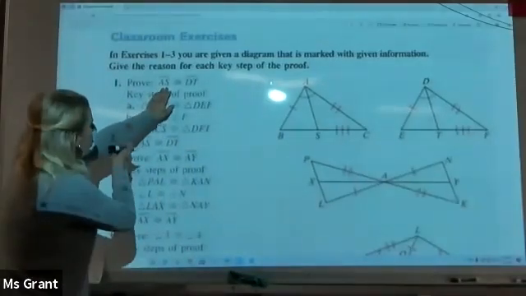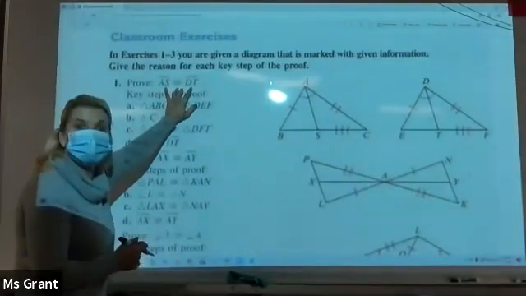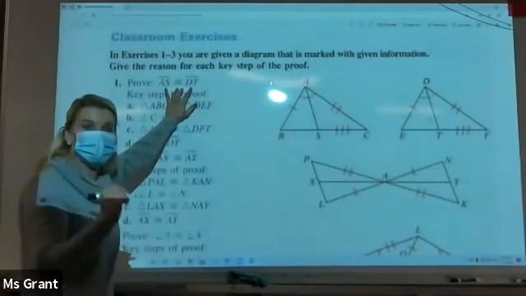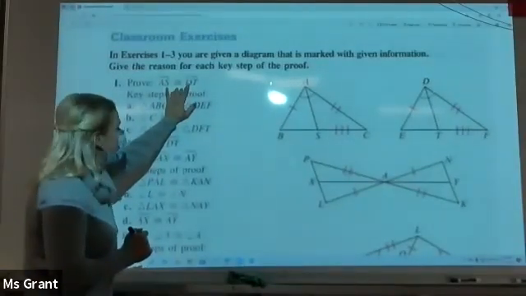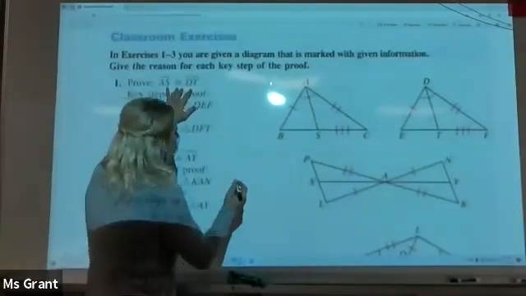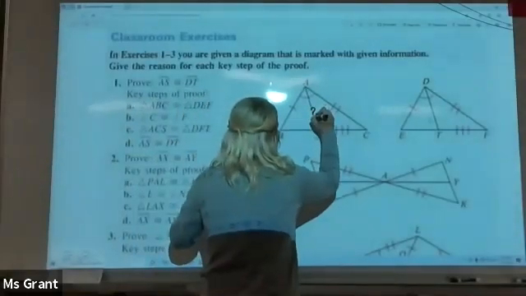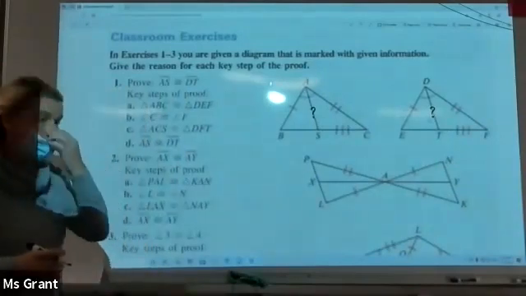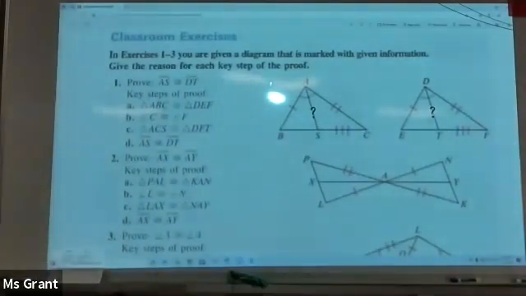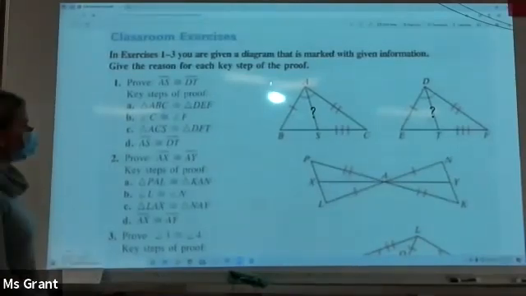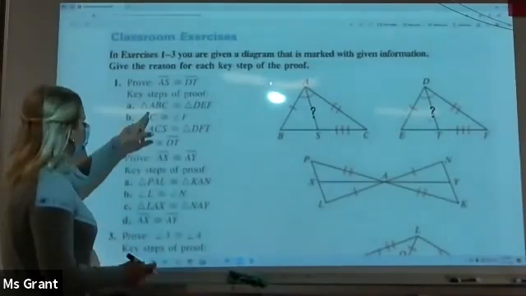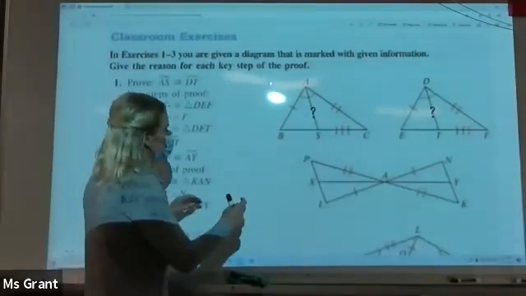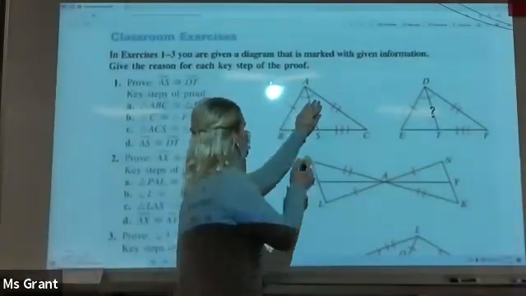If I'm trying to prove that 2 segments are congruent, not even the triangles, the segments AS and DT, this is what I want to prove. I'll put a question mark there and a question mark there. But I've got to get there. First of all, the whole triangle ABC. Forget this line is there.